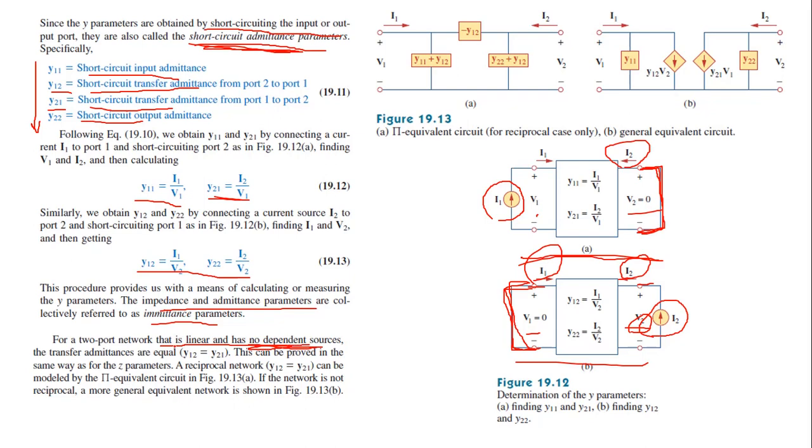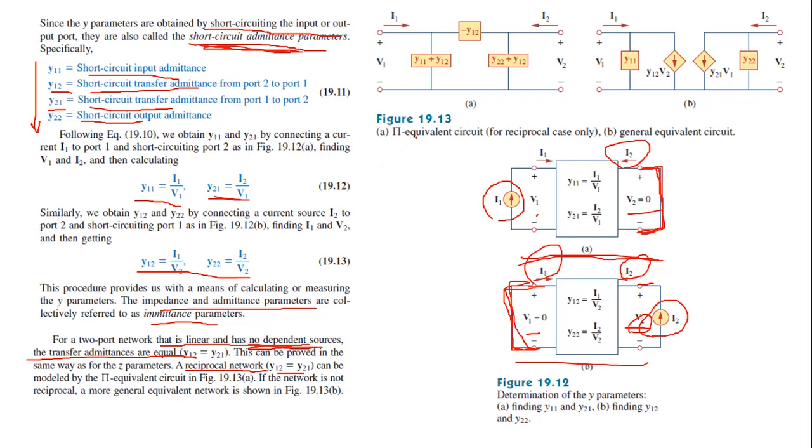If these two conditions are met, then the transfer admittances will be equal, and that circuit is called a reciprocal network. So a reciprocal network is one where the transfer admittances are equal. It means Y12 will be equal to Y21.